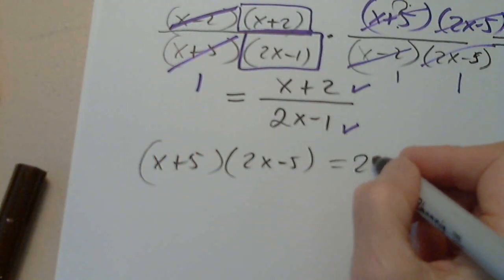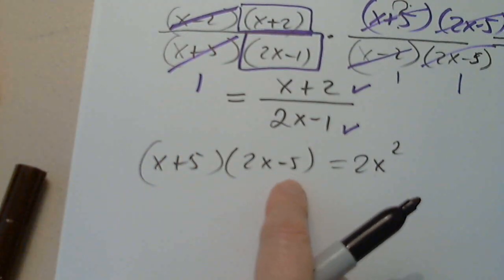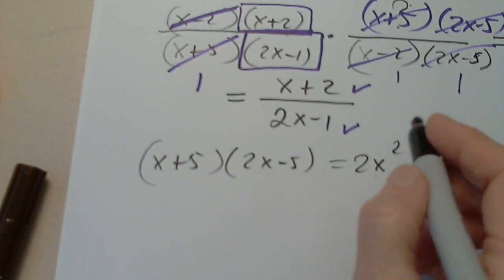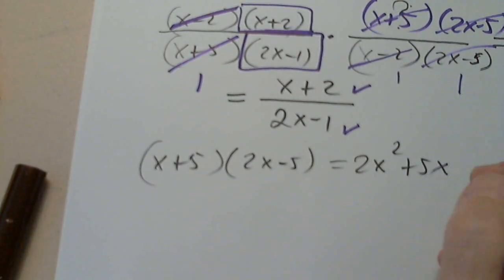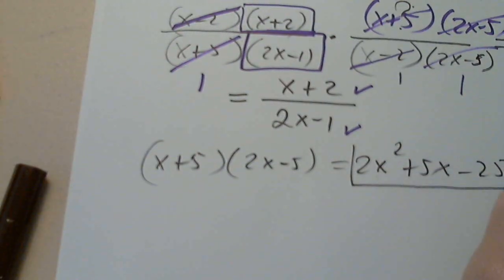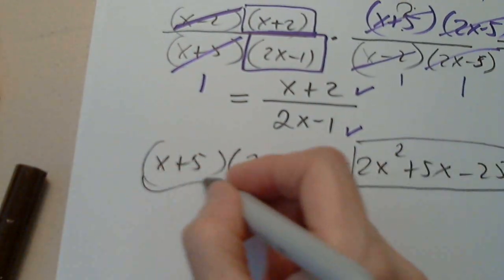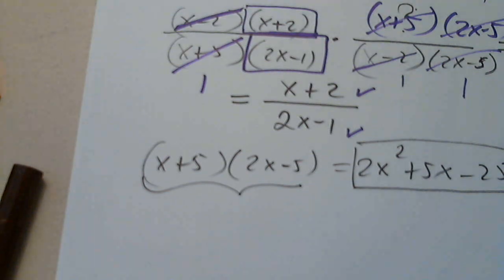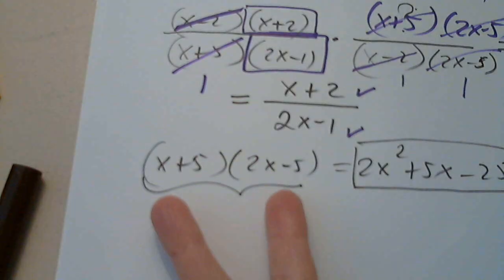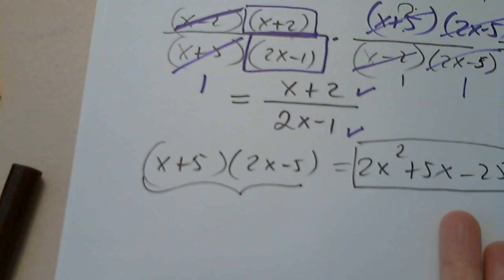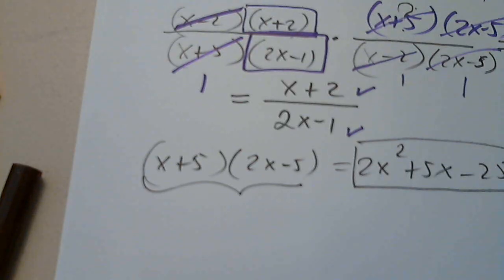So 2x squared minus 5x plus 10x, 5x minus 25. This is what they want us to enter, not this. Although they are correct. If you enter this, they should not say it's wrong. But they want a polynomial. They don't want the factored form of this polynomial. So be careful and enter the polynomial, because it says the polynomial.